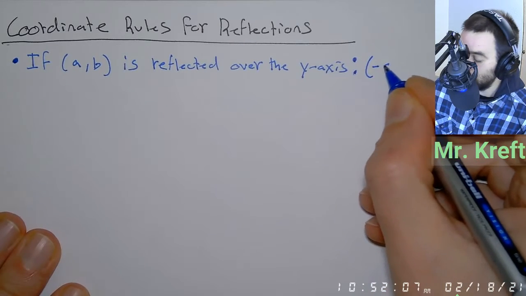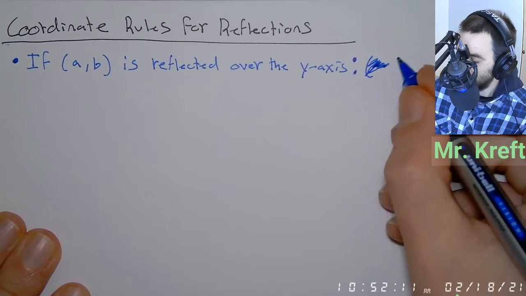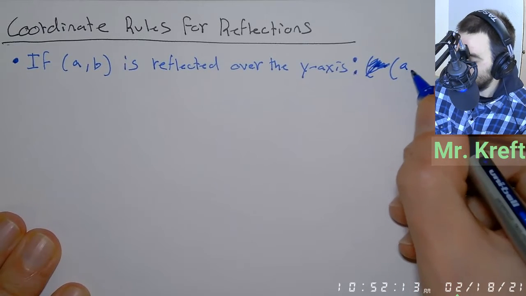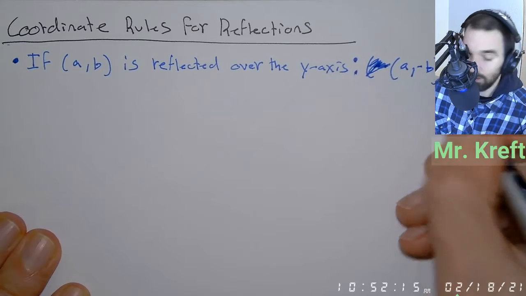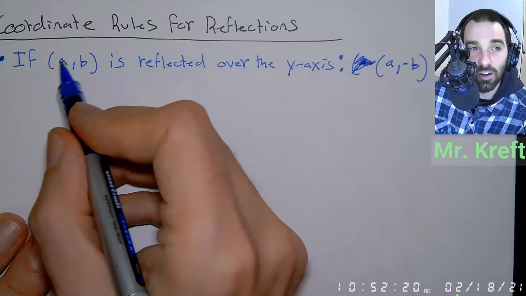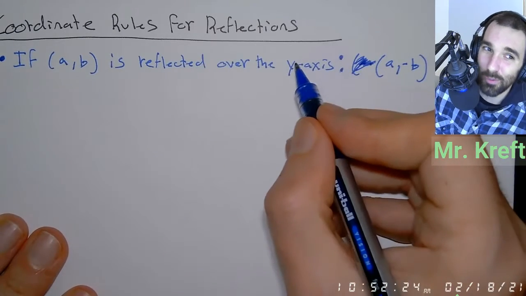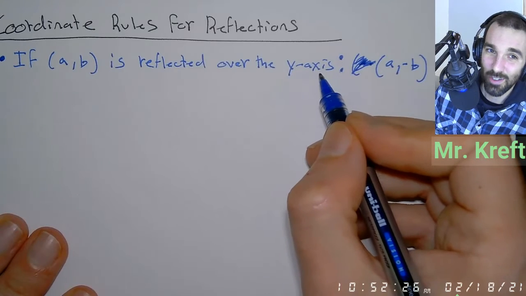Then the A becomes, sorry, I'm going to restart. Then you have negative A, B. So basically all you're doing is you're changing the sign of the x term. Now, I'm going to warn you, that only works for the y-axis.